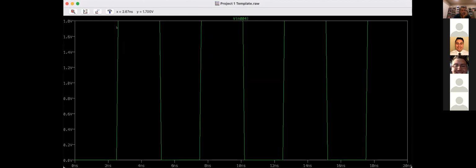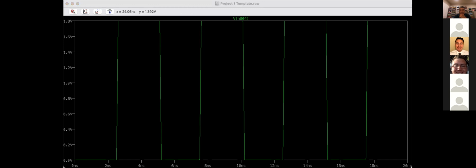It goes high to a value of 1.8 volts. That was V on. And it stays there for 2.5 nanoseconds. That was T on. And then the fall is another 0.1 nanoseconds. The period from one rise to the next rise is 5 nanoseconds, and my total simulation time was 20 nanoseconds. So that's what I get for my input.